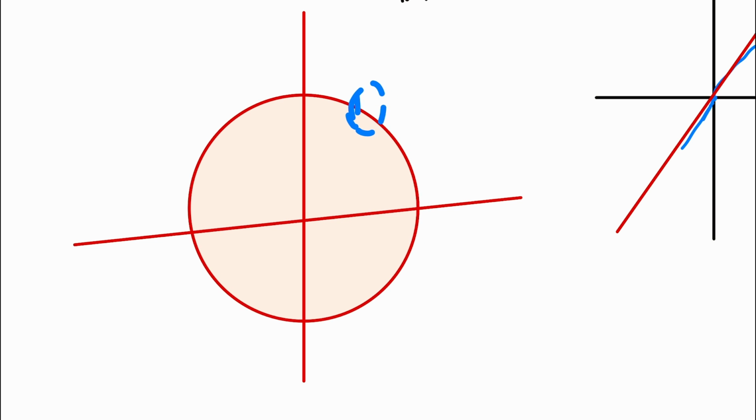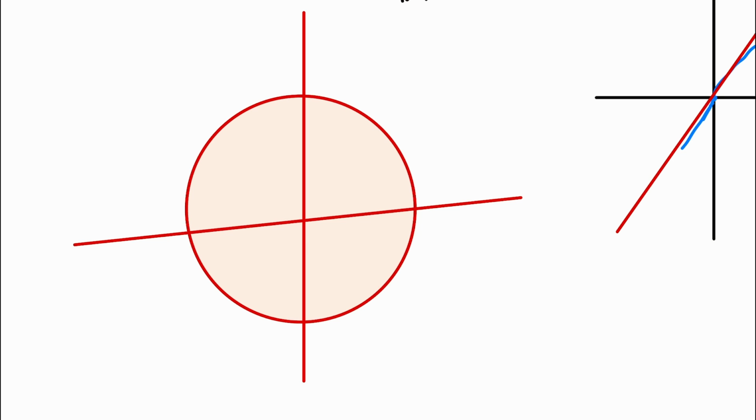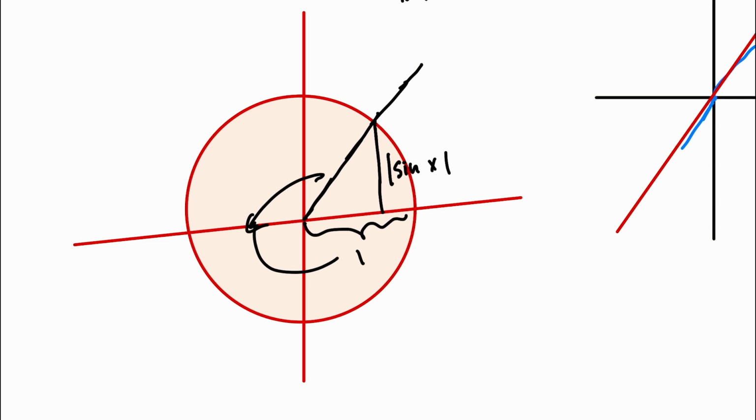So if we have something like this, and let's say we have a sine value over here, and this is actually 1, because this is a unit circle, and we have this value as the absolute value of sine of x, because we know that this might go into other quadrants.